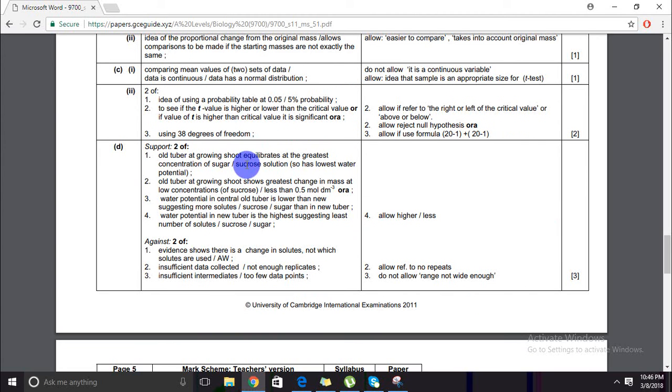Allow tuber at growing shoot equilibrates at the greatest concentration, so has lowest water potential, greatest change in mass at the smaller concentrations, and that makes sense because sugar does osmotically cause a fall, starch would not. But the one thing that invalidates is that while this does suggest a difference in solutes, the identity is not clear, and we certainly do not have enough data points to reach a valid conclusion.